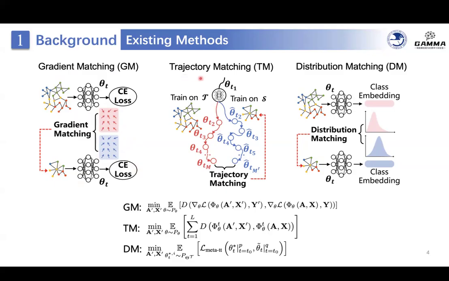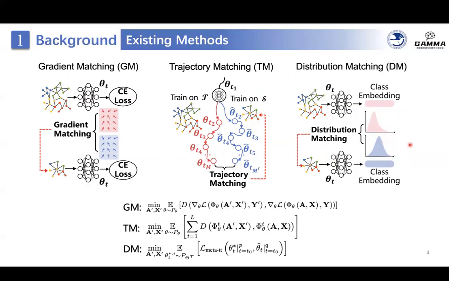The second one is trajectory matching, which firstly obtains the model parameters trained on the raw and the synthetic graph, and then the synthetic graph is optimized by aligning these two sets of parameters. And the third one is distribution matching, which optimizes the synthetic graph by minimizing the discrepancy between the class embeddings of the raw graphs and the synthetic graphs.